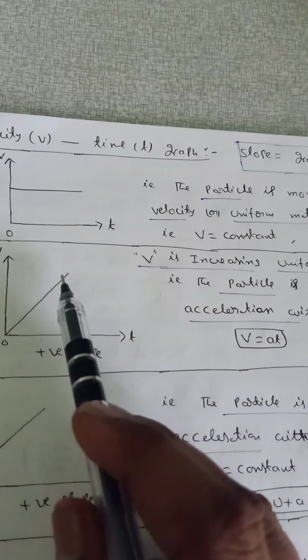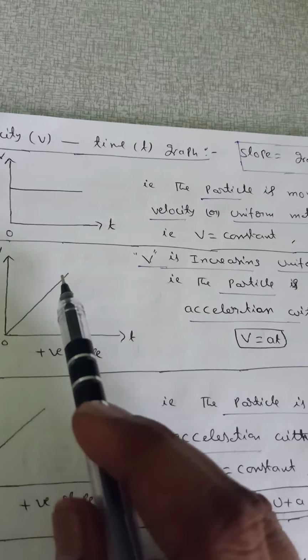The third case: we already discussed v is equal to u plus at and derived s is equal to ut plus half at square. Here the particle is moving with uniform acceleration but with initial velocity u. These are two similar graphs, both with positive slope.